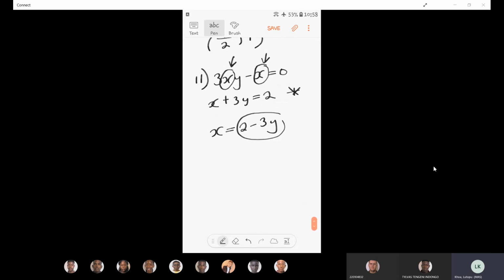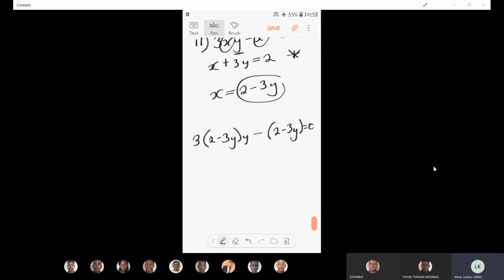So what I have is 3 times 2 minus 3y, and then the y, this one, it should still be there. Then minus 2 minus 3y. So I keep it in brackets to show that I'm subtracting the whole of 2 minus 3y, not just the 2. Then multiply out the brackets, or what you can do is first multiply the 3 and the y and then multiply it inside the brackets, because multiplication is commutative.